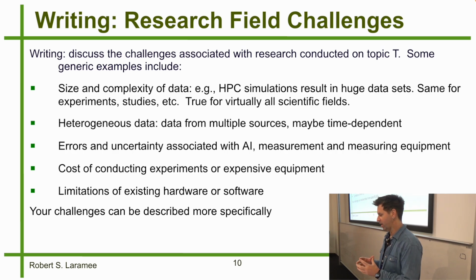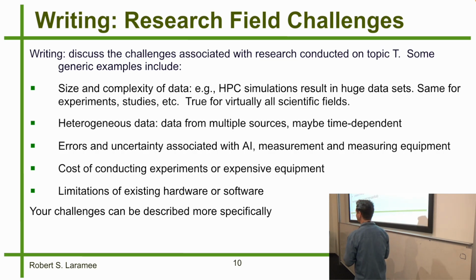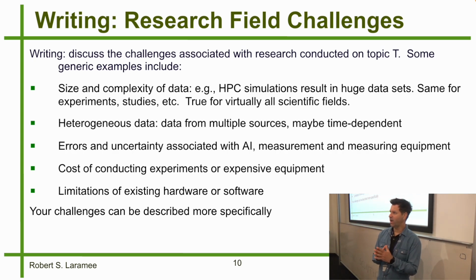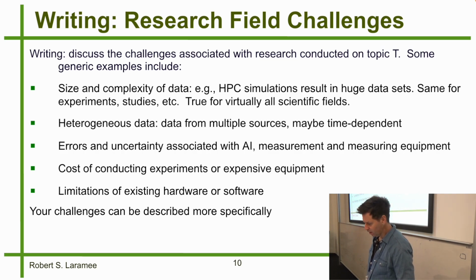So there are a set of typical challenges associated with your topic. The question is, what are those typical associated challenges? You want to identify those and articulate those. So discuss the challenges associated with research conducted on topic T.